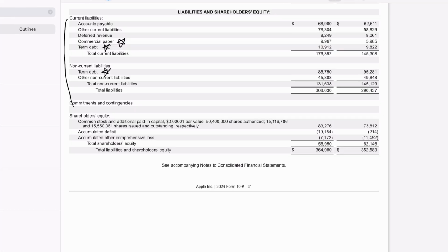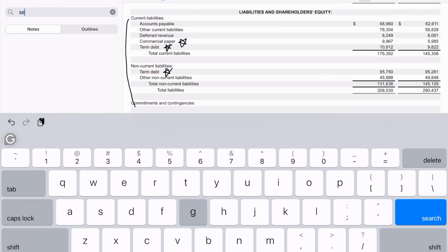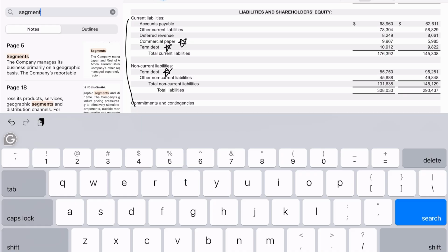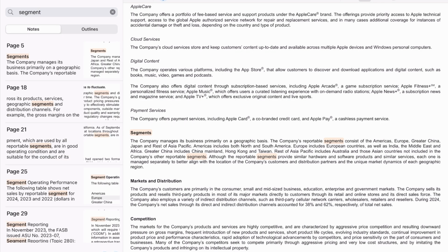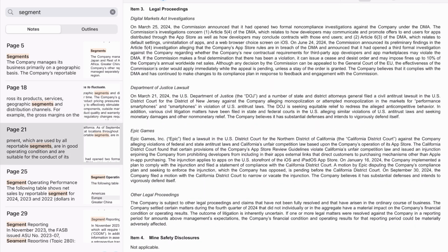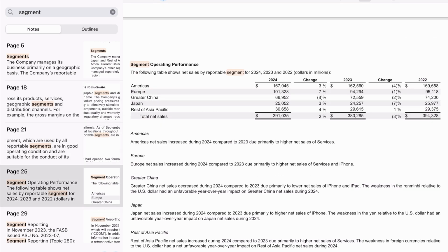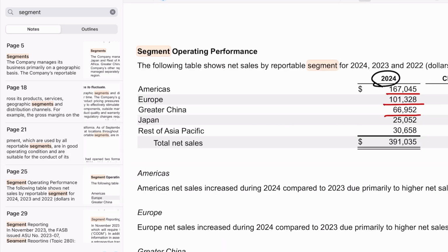So if we look at the example of Apple, we can search for its revenue segment. Usually I type a keyword like "segment" to see if there is any information related to its segment performance. After knowing the relative proportion of the revenue, we can get the weight of each revenue.